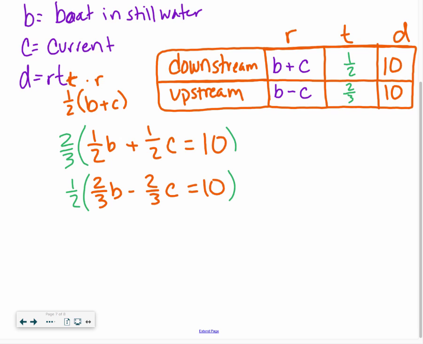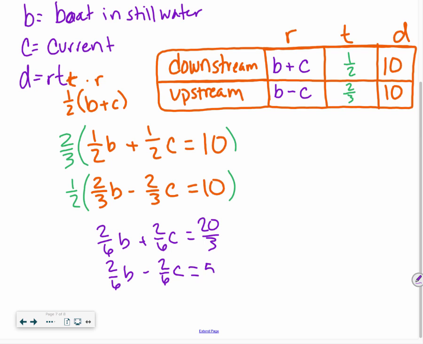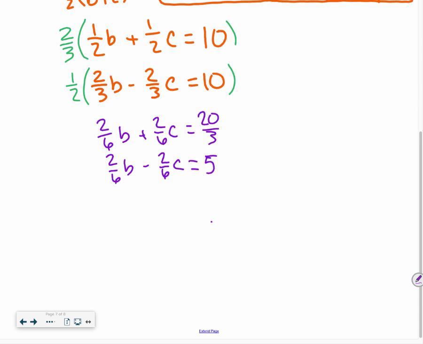So if I do that, I end up with 2/6 b plus 2/6 c equals 20/3. And I have 2/6 b minus 2/6 c equals 5. Okay? Because 1/2 times 10 will give us 5 instead. So those are my 2 equations now.